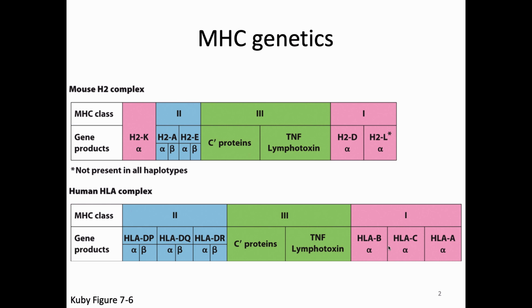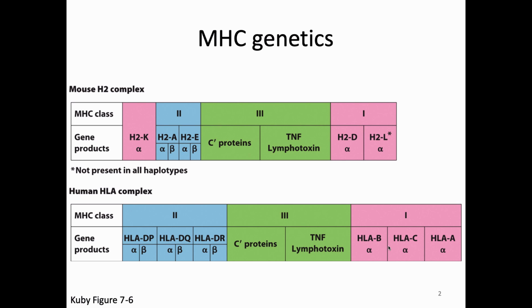I told you a little bit last time about the MHC genetics, at least in terms of humans, where I told you about the fact that the MHC genes are on the short arm of chromosome 6 in human. This basically takes up the entire short arm of chromosome 6.